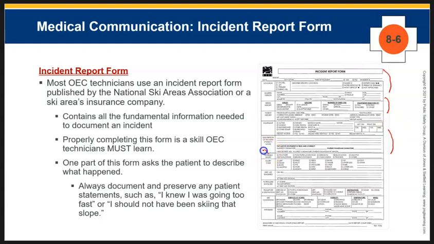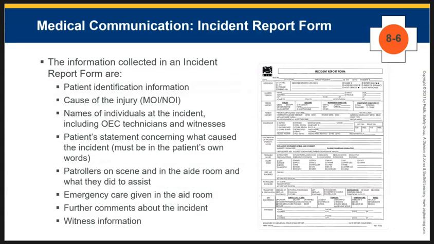Notice here we talk about a probable injury. We don't have X-ray vision, so it's just a simple way to record assessment findings. And then the first aid that you rendered, not just on the hill, but in the treatment room after transport. All of those pieces are going to address everything, and we also see some of these other pieces, like the names of other patrollers who helped and what they did to assist, and witness information.